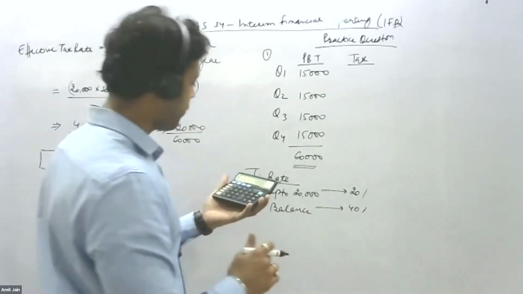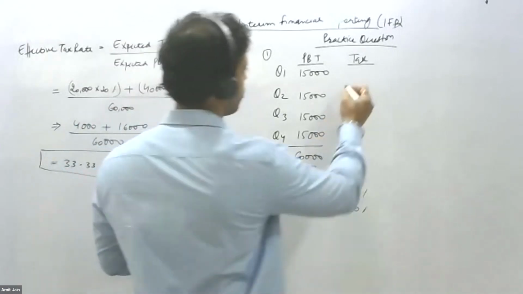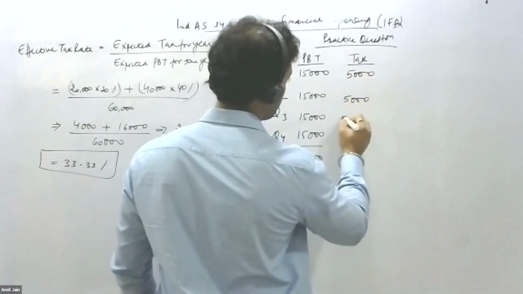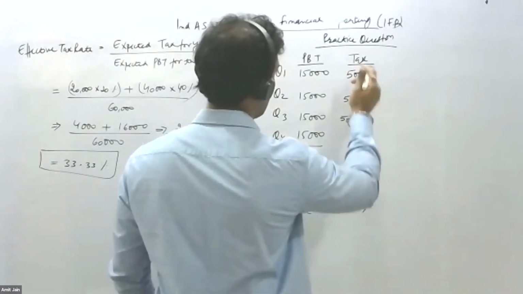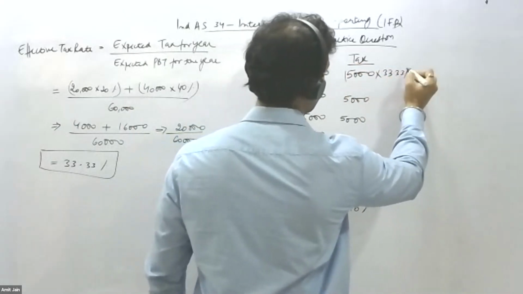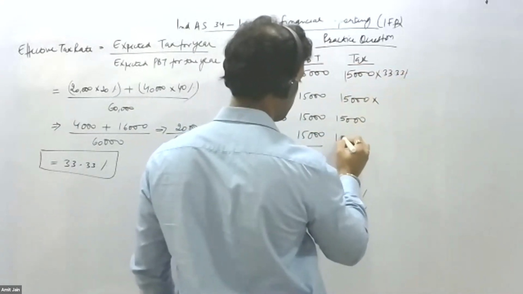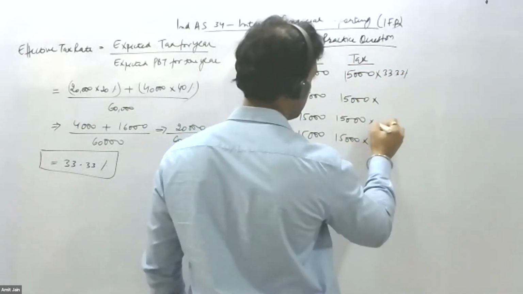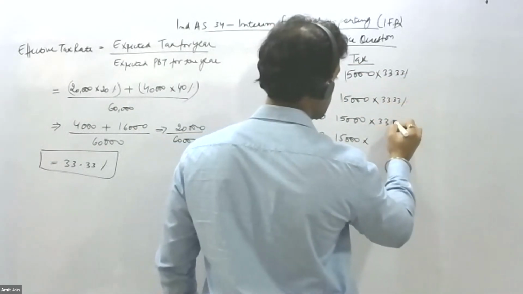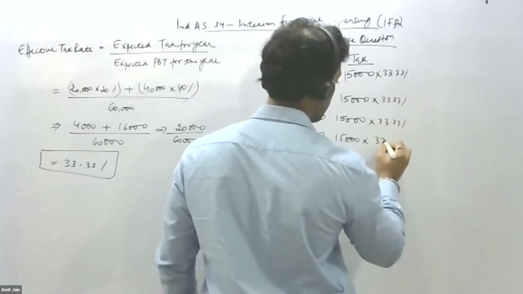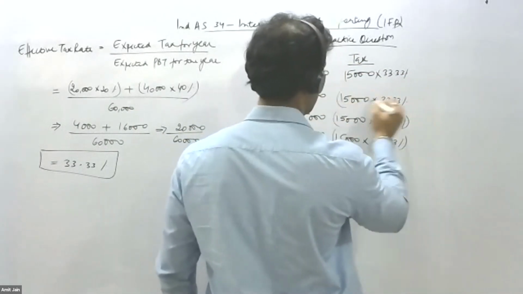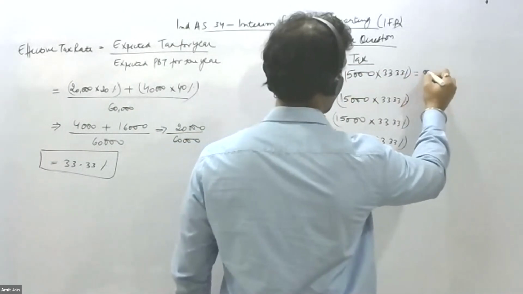So it's almost 5,000. How have I computed? 33.33%. Right? This is equal to 5,000.